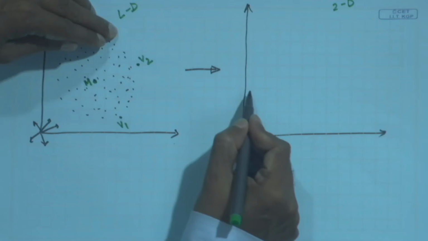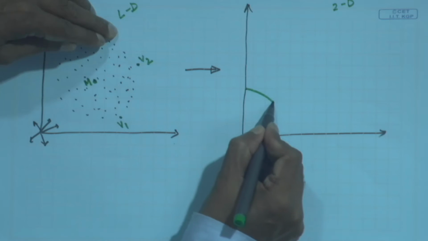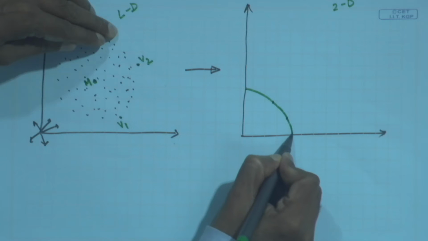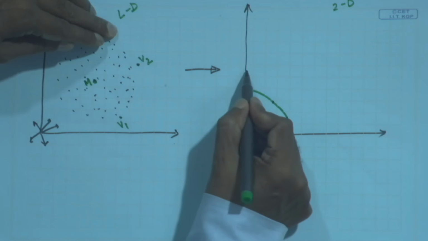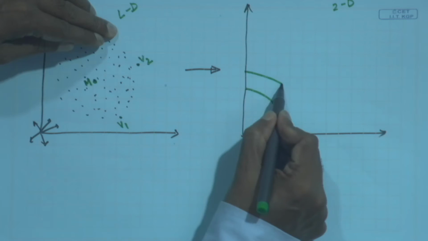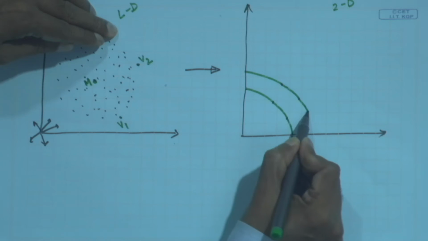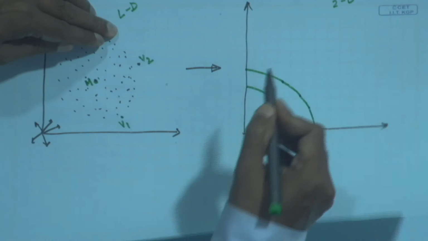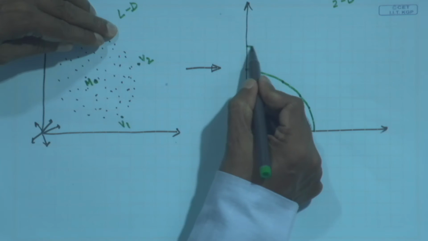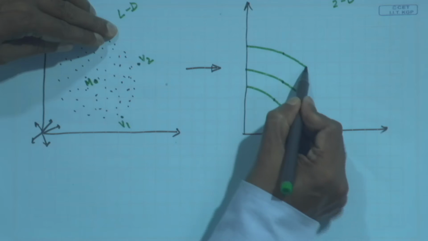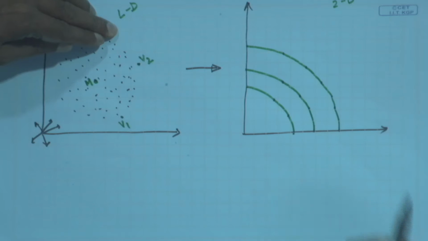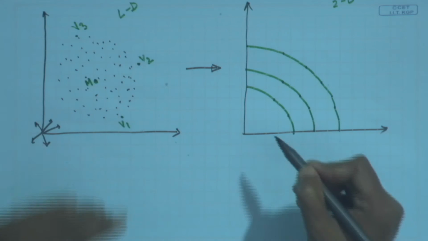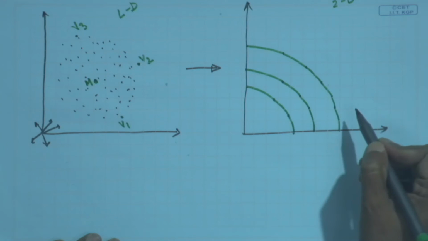So, the first circular arc could be here, corresponding to the Euclidean distance between the origin and V1. This could be the second circular arc, the distance between the origin and V2, and this could be the third arc corresponding to the distance between origin and V3. So, we will have to draw 3 circular arcs.